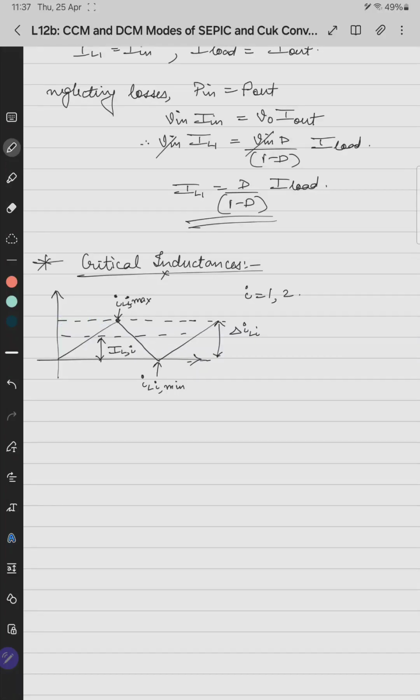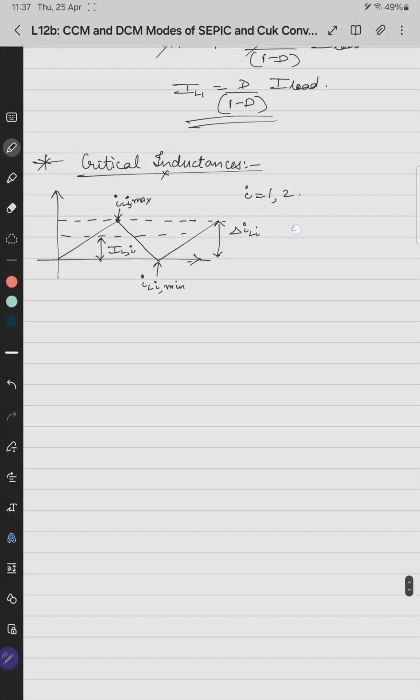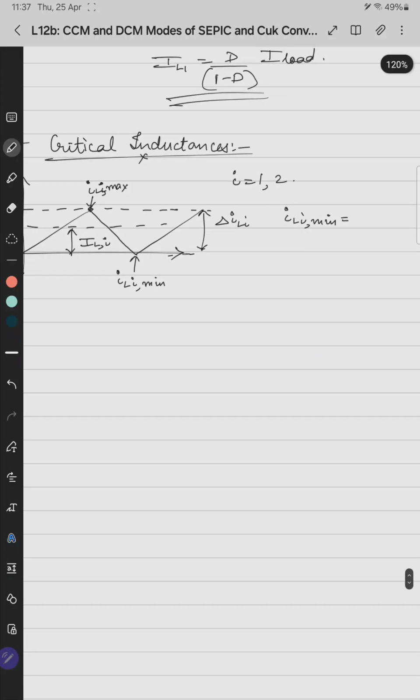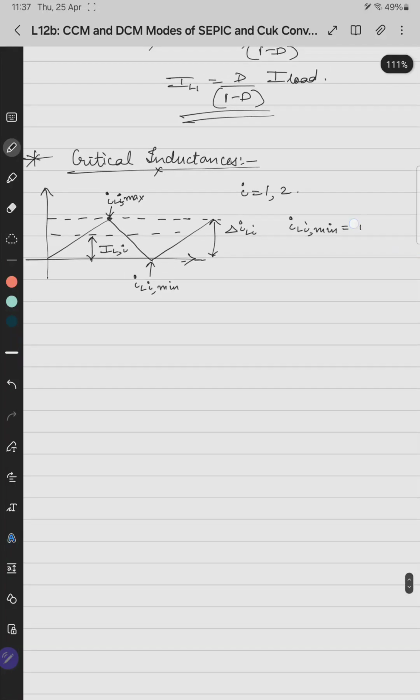So first we let ILI minimum. So ILI minimum is what? ILI minus delta ILI by 2. So IL minimum becomes 0 for critical conduction mode.